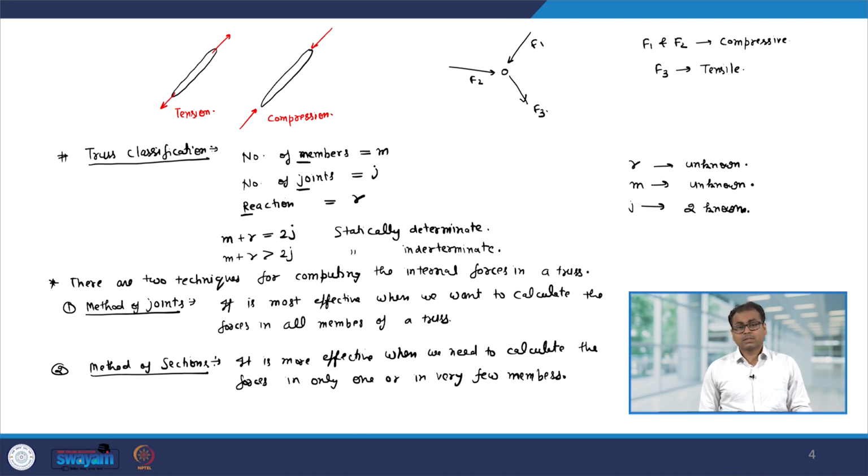So, now with this very basic introduction, let us look at a couple of examples which are based on method of joint.